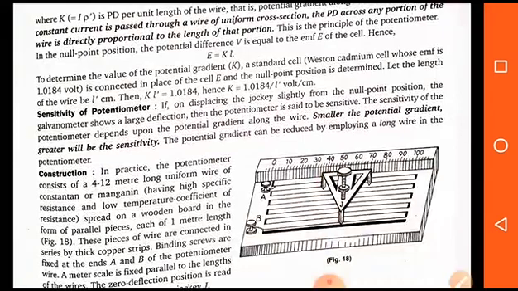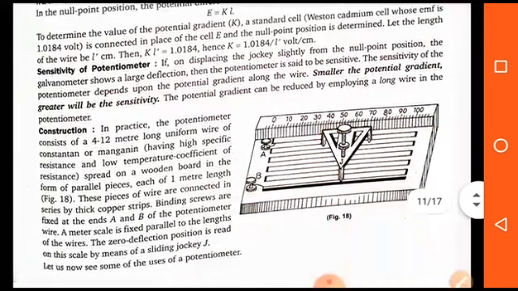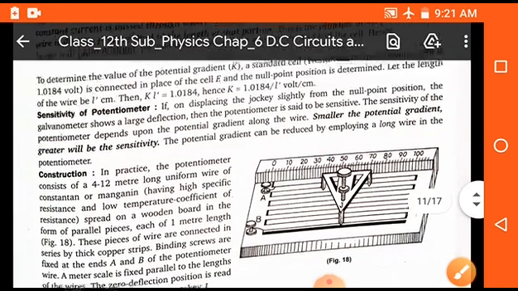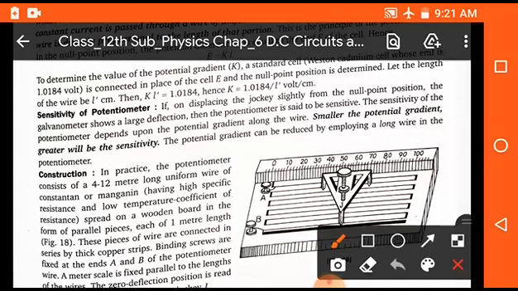Hello students. Now the next topic is the sensitivity of a potentiometer. It means how sensitive a potentiometer is, which is defined by this term. So students, you can note this point: the smaller the potential gradient, the greater will be the sensitivity.